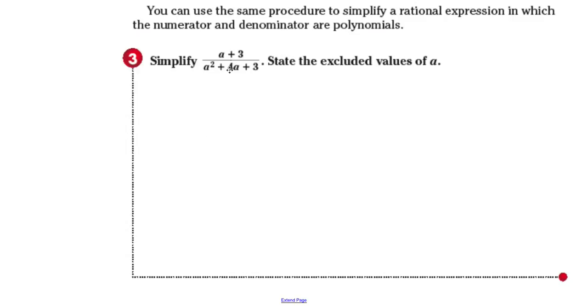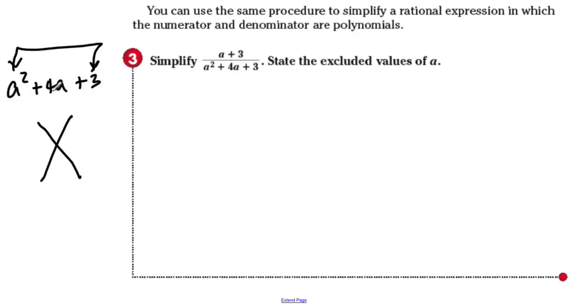Okay, that means we go back to factoring. So first and foremost, when you want to find excluded values, you want to factor a squared plus 4a plus 3. And we use the method X. Multiply the first term and the last term. This is 3a squared, or simply 3. It's up to you. This will make it clearer in terms of how to find your factors. And this is 4a. So you want to find the factors of 3 which will give you a sum of 4.